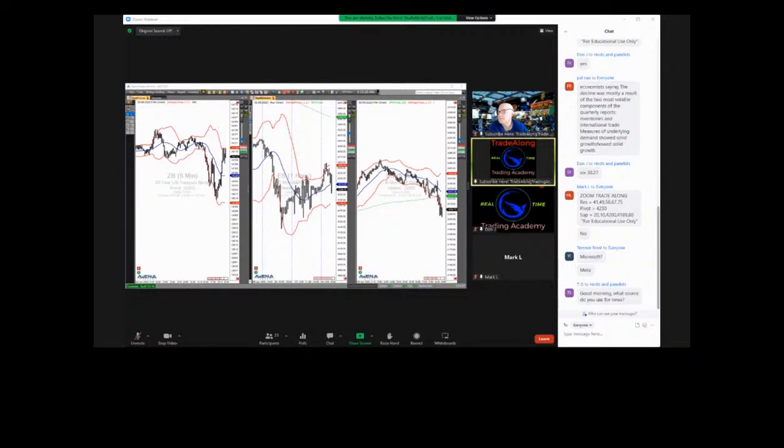All right, very choppy little trade here, as you can tell. A little resistance around the 25, 26 area right now, if we get back up there.